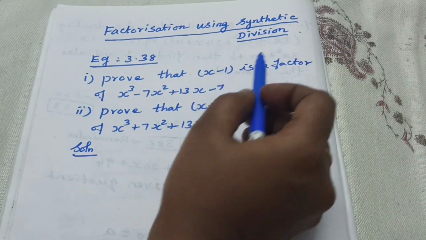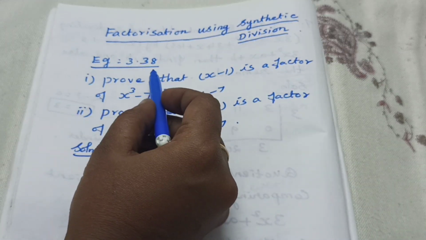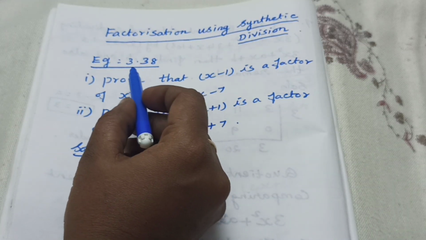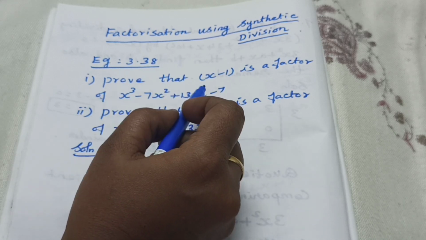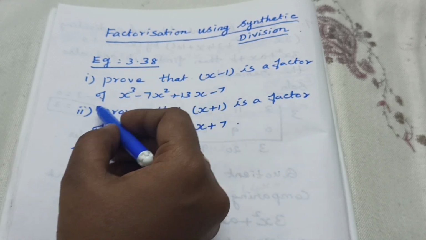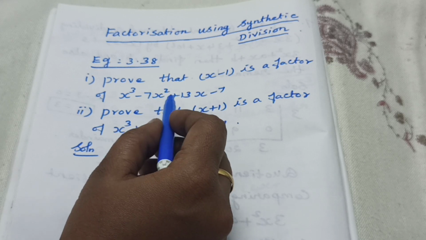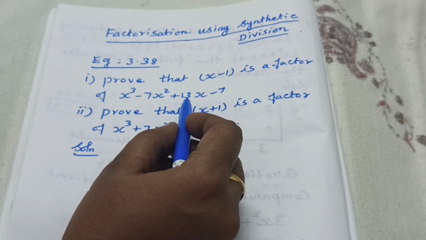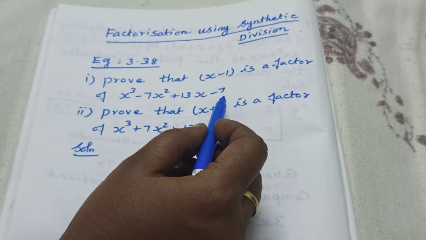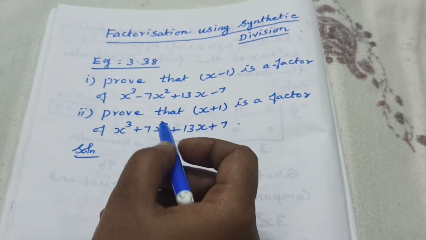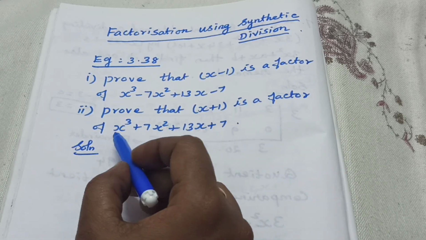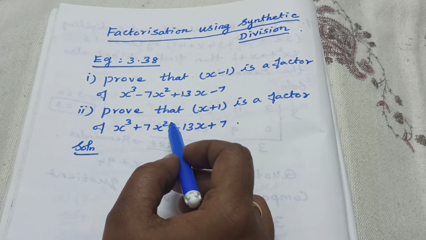Factorization using synthetic division. Example 3.38. Prove that x minus 1 is a factor of x cube minus 7x square plus 13x minus 7. Second one, prove that x plus 1 is a factor of this polynomial.